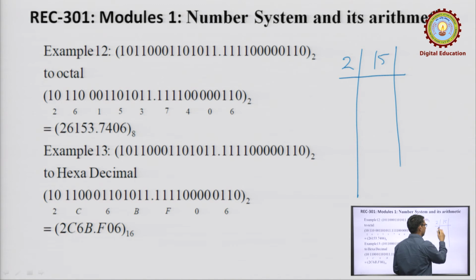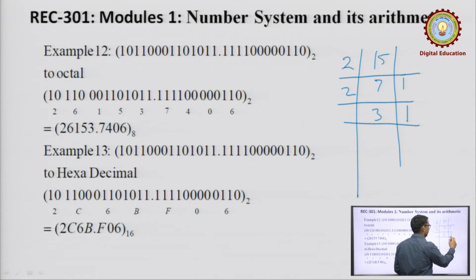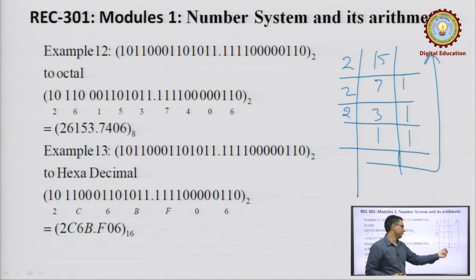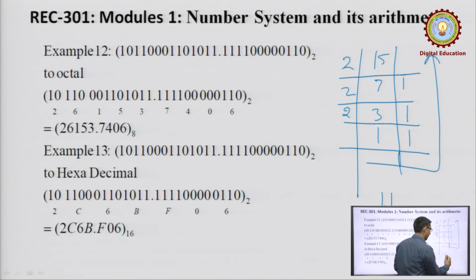Dividing by 2, 15 divided by 2 is 7, and the remainder will be 1, then 7 divided by 2 is 3, the remainder will be 1, then 3 divided by 2 is 1 and the remainder will be 1, and then the quotient ends with 1 and the remainder 1. Then we have to arrange the digits in this arrow. So, the final solution will be like this: 1111 base 2 is just F base 16.